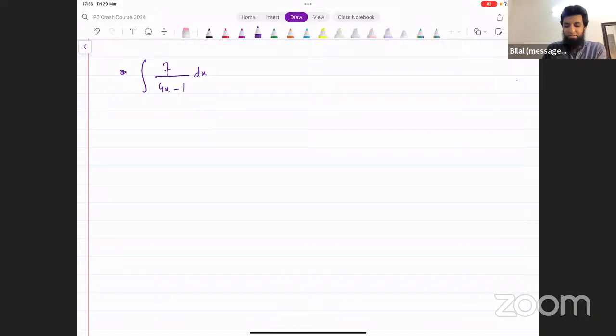So how we think about this is this. We say 7 is a constant. Let's just write 7 outside. Right? We can do that. 7 is multiplying with the whole thing. We just write that outside. And inside we're left with 1 over 4x minus 1. All right. So we've just written 7 outside. Now, what do we want inside?